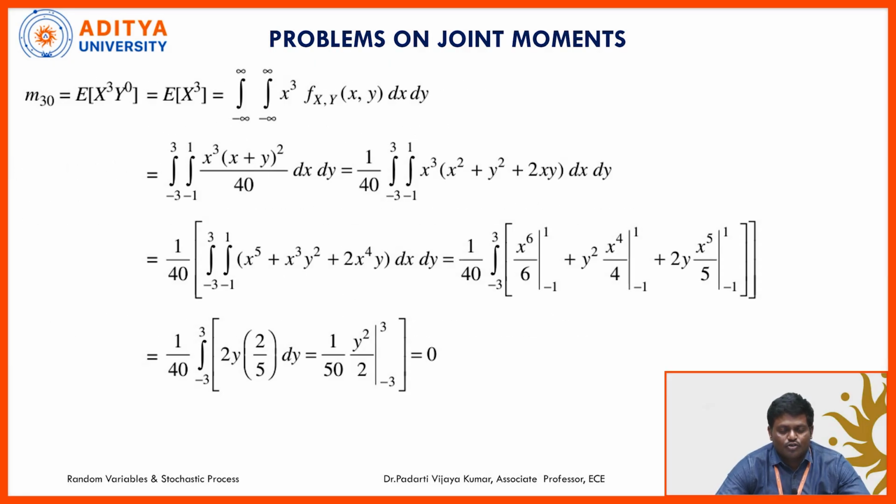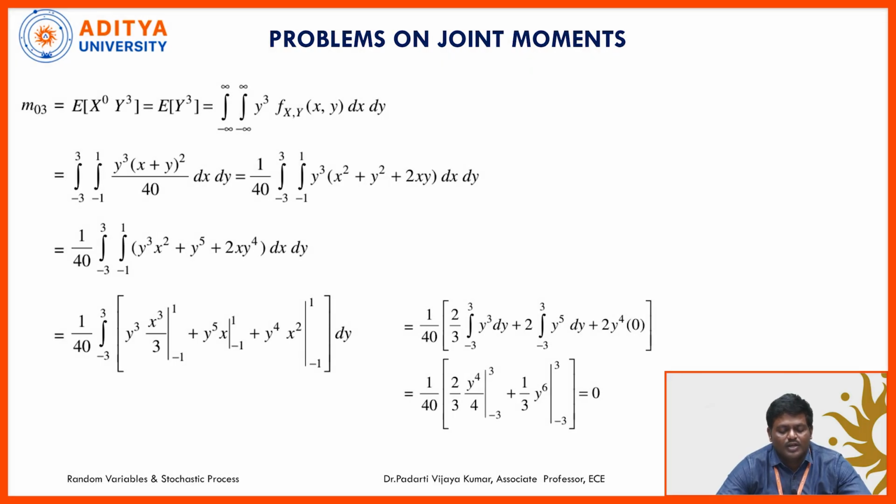First m30. m30 means E of x cube into y power 0, and y power 0 is 1, so E of x cube into fxy of xy dx dy. The x limits and y limits are substituted. Doing the integration and solving, we get m30 as 0. Similarly, m03 means E of x power 0 y cube, that is E of y cube.